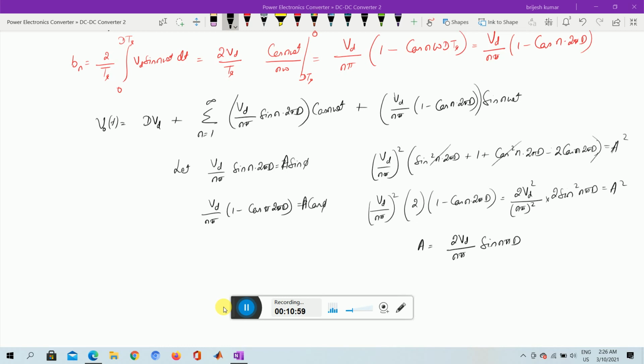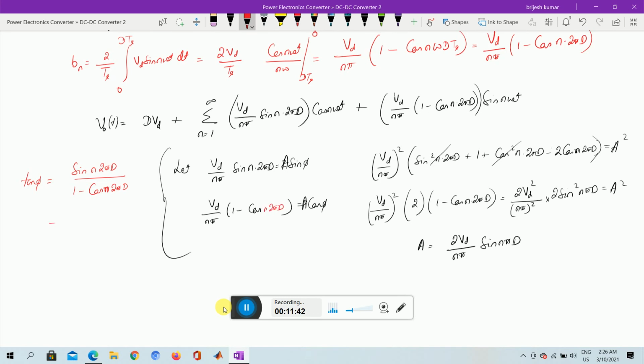So if we take A equal to the root of the entire thing, that is 2Vd by n pi sine of n pi d. So this we get as the value of A, and to get the value of phi, we can take the ratio between these two, so tan of phi is equal to, these cancel out, sine of n 2 pi d by 1 minus cos of n 2 pi d.